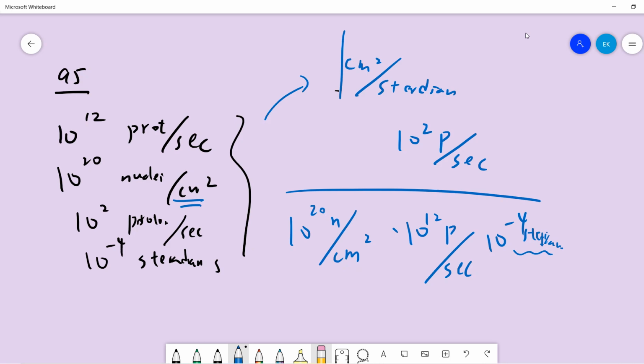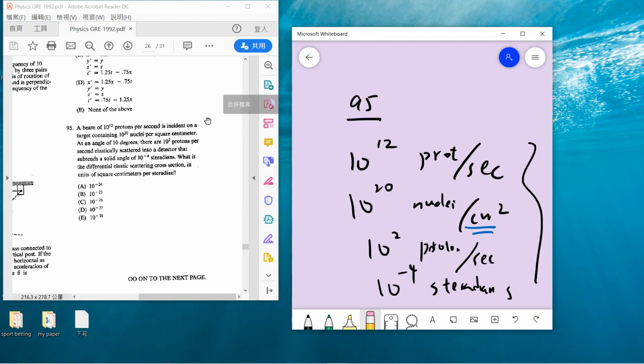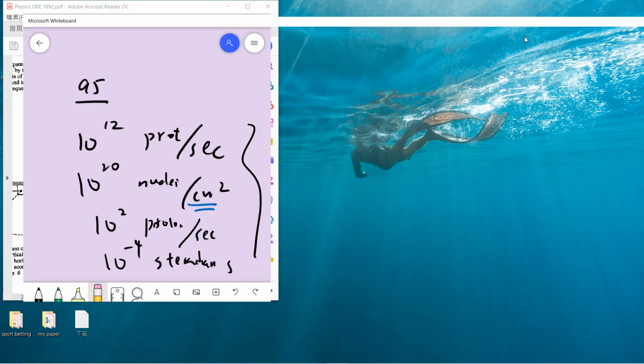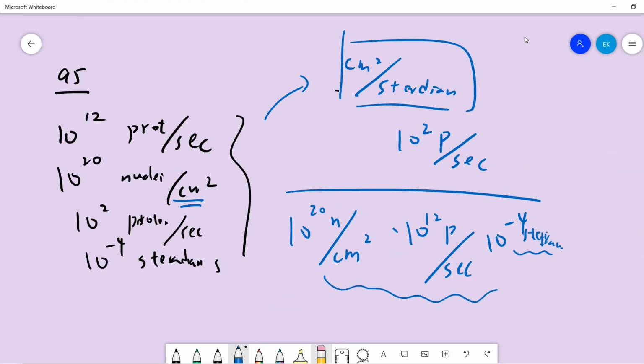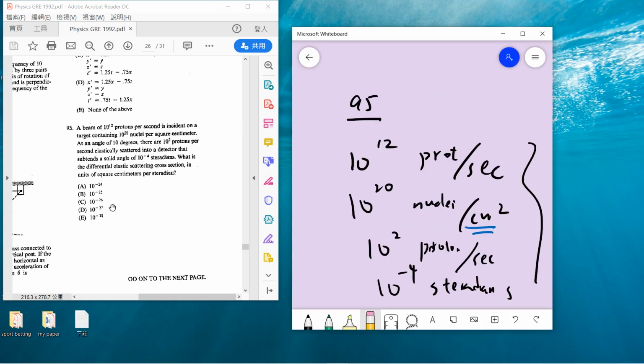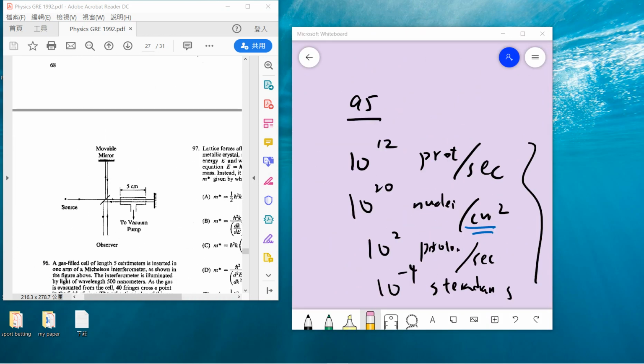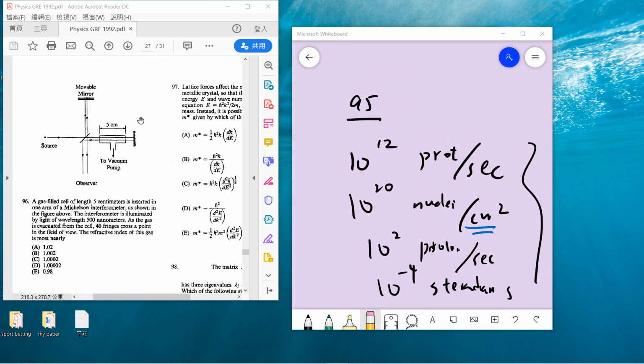So this is the cross section. The answer is the square centimeter per steradian. So this is the only way to get cm squared. Computing it, you get 10 to the negative 26 cm squared per steradian. So the answer is C.